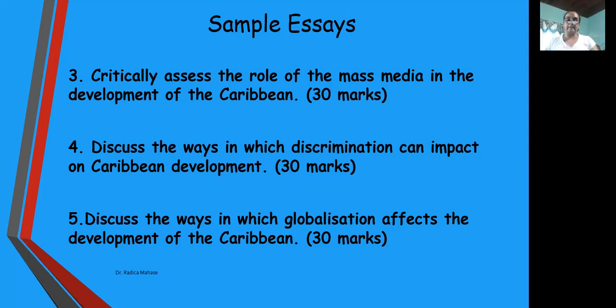We're going to start with number 4. Discuss the ways in which discrimination can impact on a country's development.